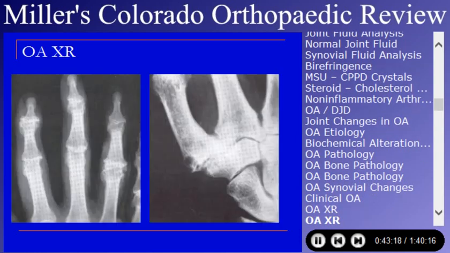So, X-rays classic for arthritis, showing narrowing of the basal joint of the thumb, a very common target joint, osteophytes, and the bone is not osteopenic.